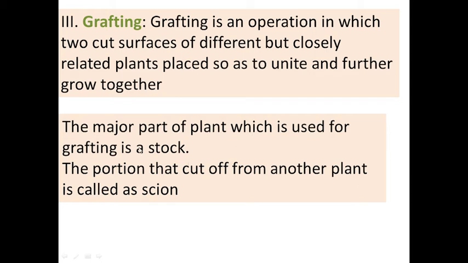A major part of the plant which is used for grafting is the stalk. When two plants are selected, one part of the plant, the major part, is the stalk, whereas the portion that is cut off from another plant is called the scion. So the plant from which the portion is cut is known as the scion, and the major portion is the stalk.